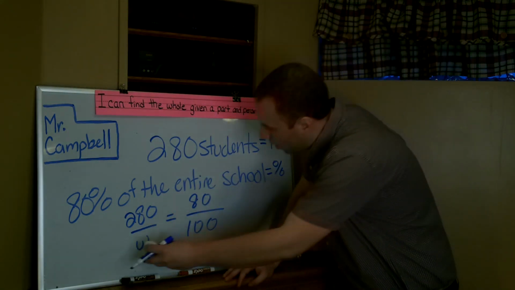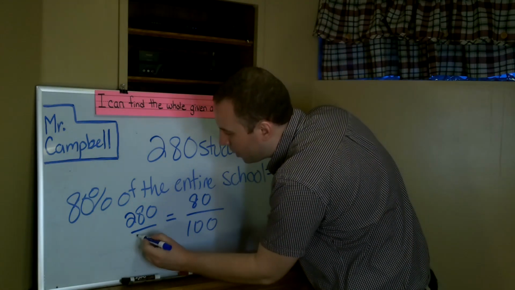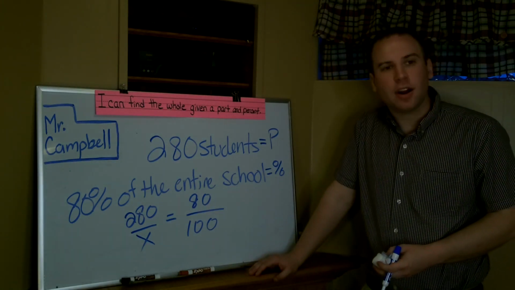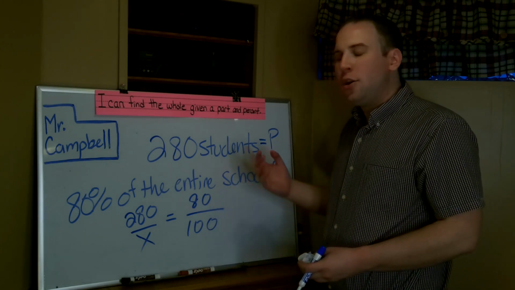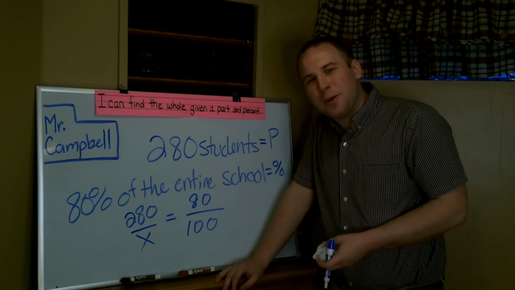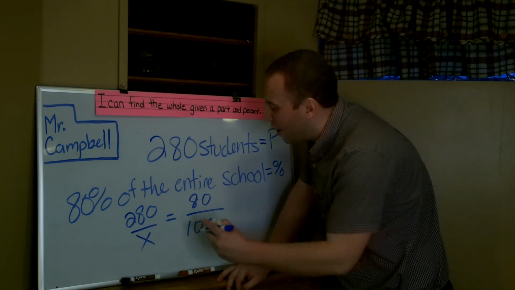Now, we don't know what our whole is going to be, so like I've talked about previously, we're going to put an x in our denominator. Looking at this, how do you think we go about solving for x? You're right, we're going to cross multiply, as we've talked about previously.